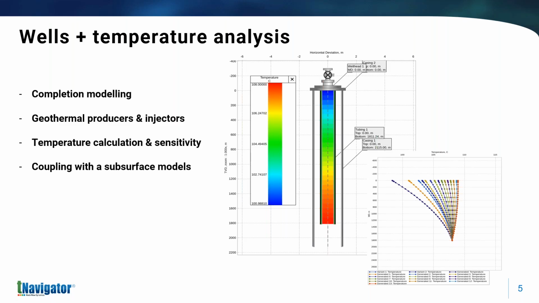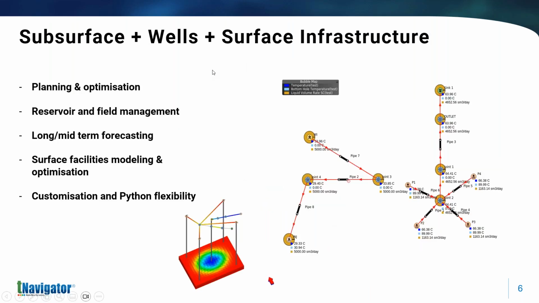It's all coupled with the reservoir model. We have the well process connected to the subsurface, so we know how the temperature in the reservoir changes on every calculation time step. Afterwards we can connect it with the surface models, because for a geothermal project the surface production facilities also play quite a crucial part.